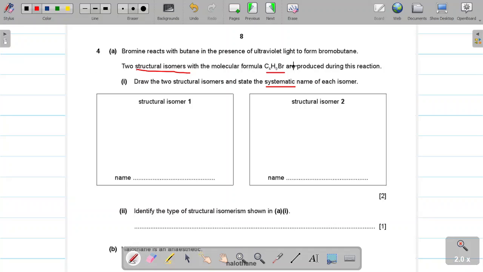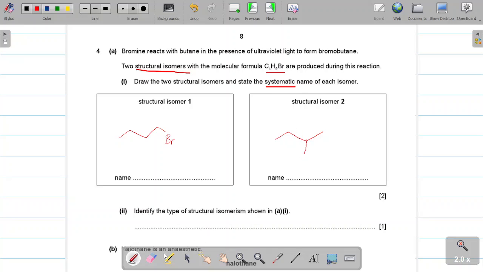The structure of butane is, in skeletal formula, this. This would be the structure of butane. When we are forming two structural isomers, it is possible that one halogen atom is attached here, and the other isomer is a halogen atom attached to carbon 2.